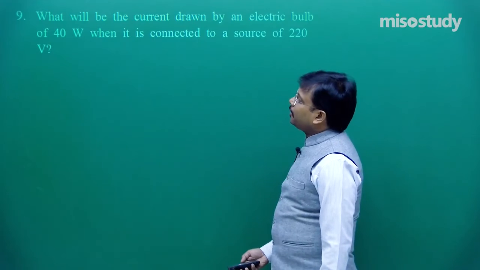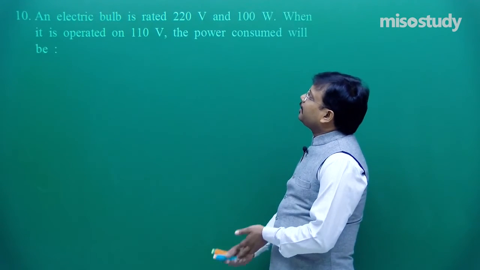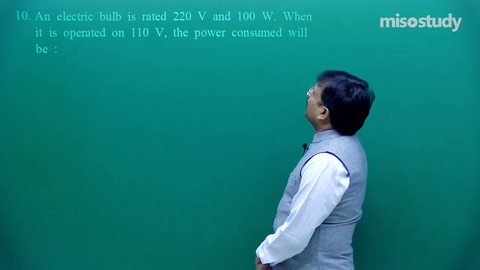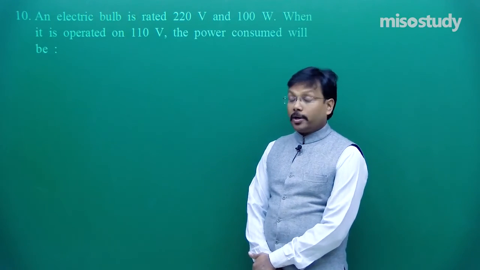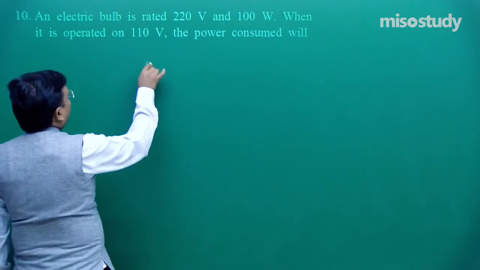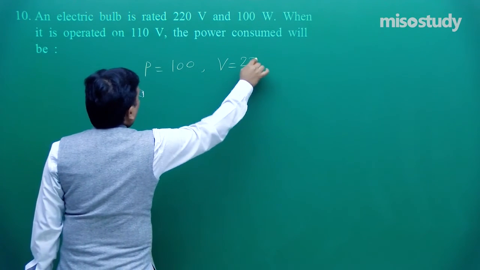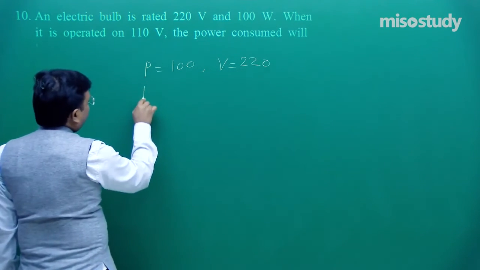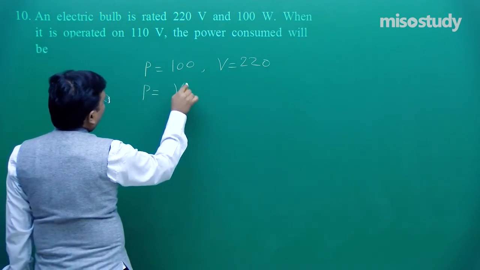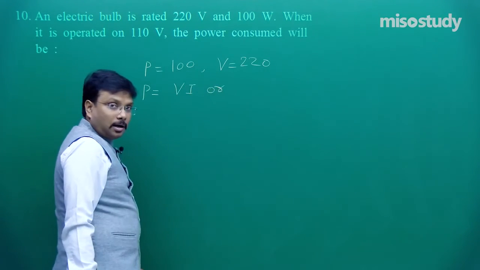Then comes question number 10. An electric bulb is rated 220 volt and 100 watt. Let us start explaining. P is equal to 100, V is equal to 220. So, P is equal to VI and V is equal to IR.